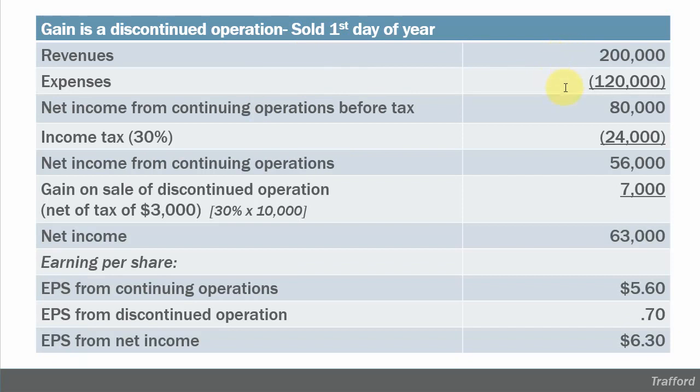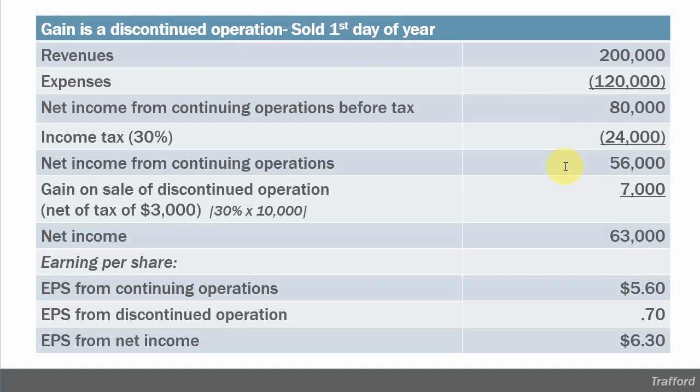So revenues minus expenses gives us income from continuing operations before tax of $80,000. The income tax on net income from the continuing operations is 30% of 80, or $24,000. So this very important subtotal here is net income from continuing operations, or $56,000.